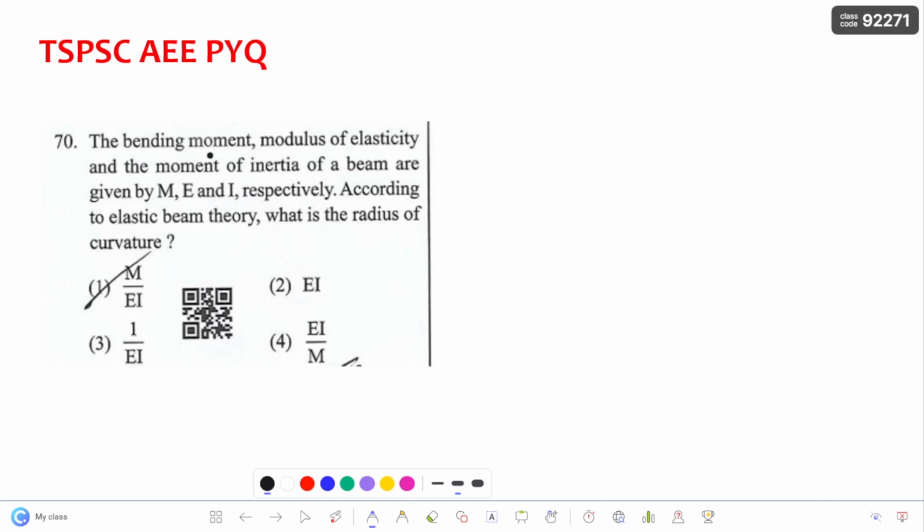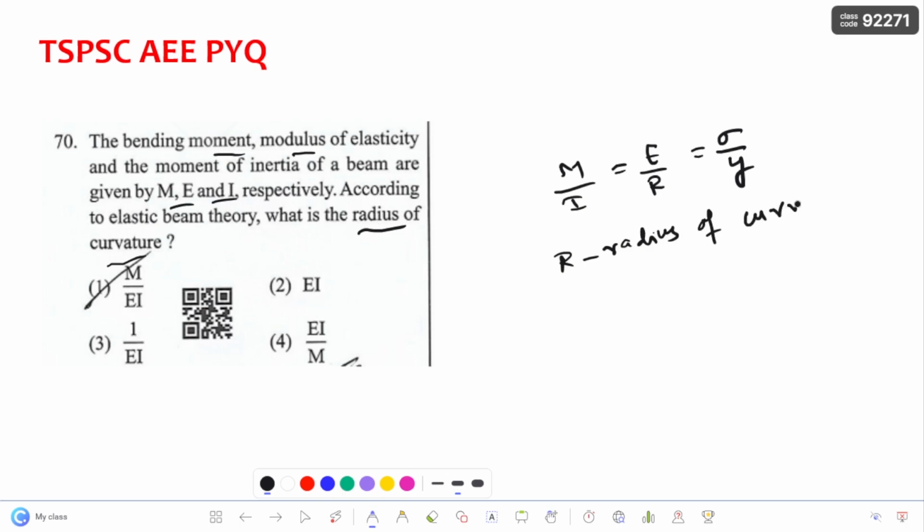This is also a simple question you can see here. The bending moment, modulus of elasticity and moment of inertia of a beam are given by M, E, I respectively. According to elastic beam theory, you all know the basic equation, that is M by I is equal to E by R is equal to sigma by Y. Here he is asking about radius of curvature. Remember, R is nothing but radius of curvature. 1 by R is nothing but curvature.